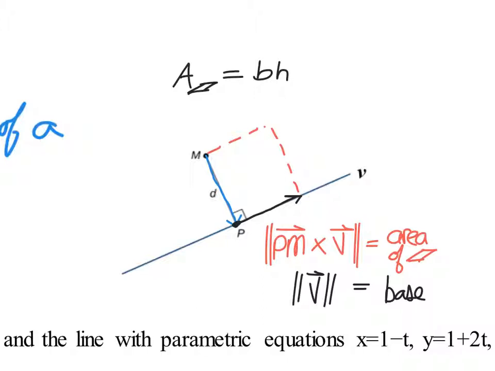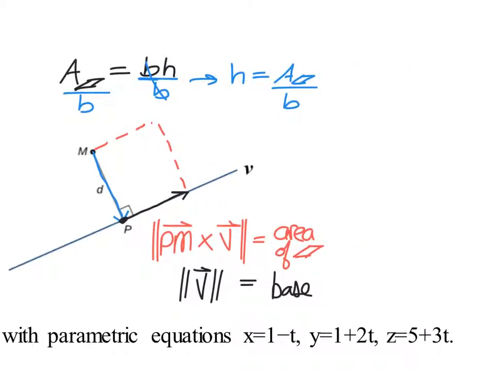So if I were looking for the length of the height, just simple algebra, so no vector operations here, I could just take the area of the parallelogram and divide it by whatever the length of the base is. And so the height would be equal to the area of the parallelogram divided by the base.